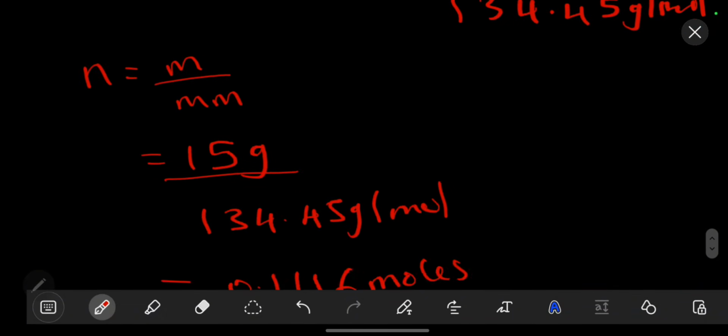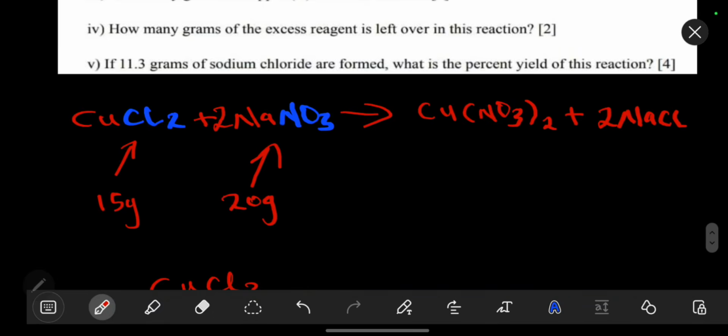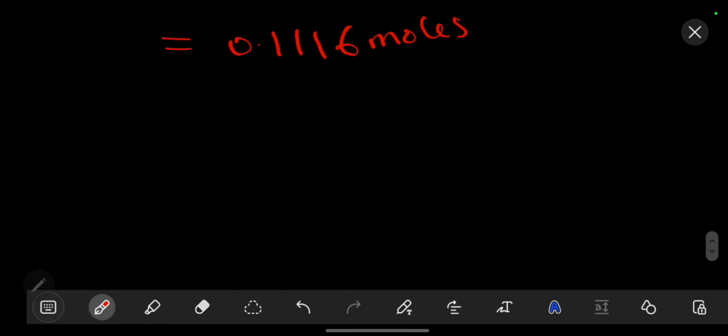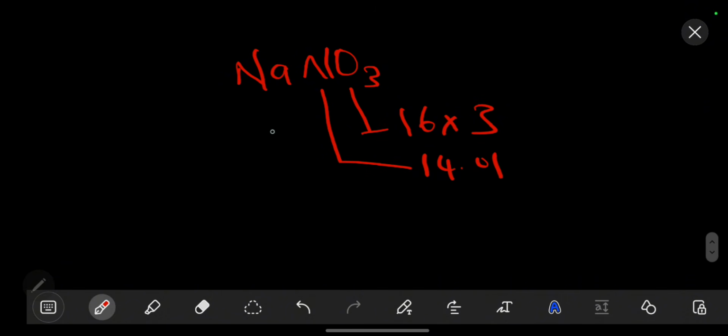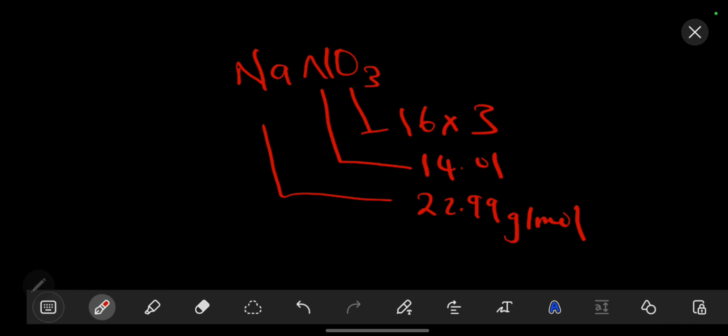Then we are going to look at the other thing and find out how many moles it has. Before that, have we interchanged them? No, it's okay. So let us find the molar mass of sodium nitrate. Oxygen is 16 times 3, nitrogen is 14.01, then we have our sodium, which is equal to 22.99. All these are grams per mole.